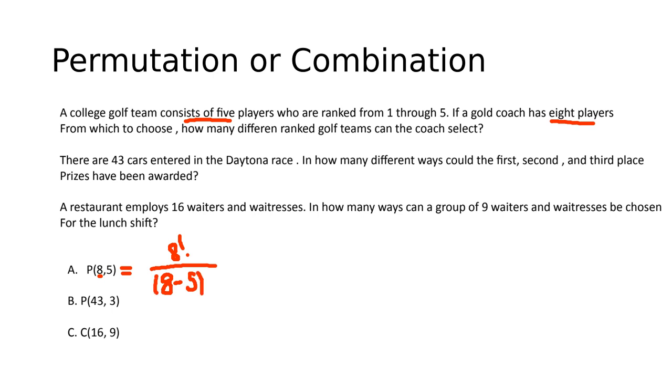So we keep working it out. 8 factorial divided by 3 factorial. And then, of course, you can write it out: 8 times 7 times 6 times 5 times 4 times 3 factorial, divided by 3 factorial.